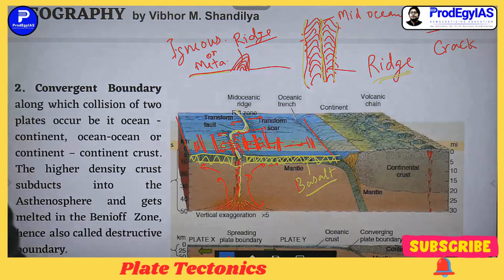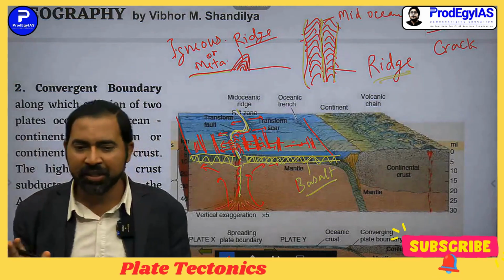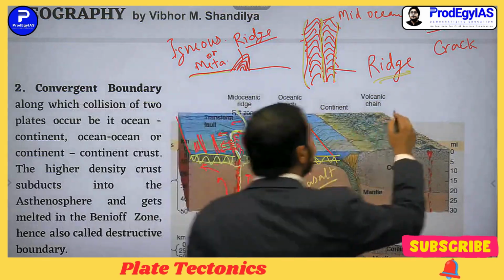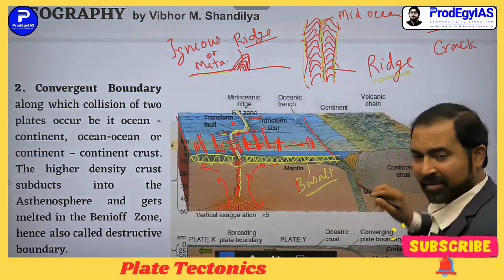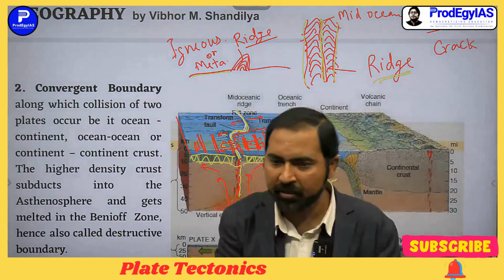One more question: how would the climate be endogenetic in the climate process for the formation of a landform? Actually, climate is not endogenetic. Endogenetic is the process. Endogenetic means the forces which are coming from within the earth.